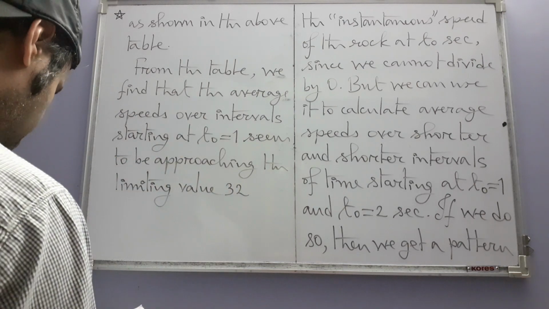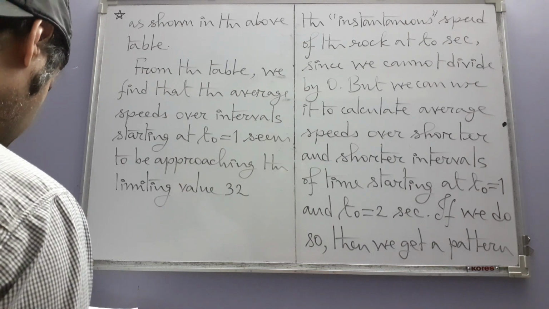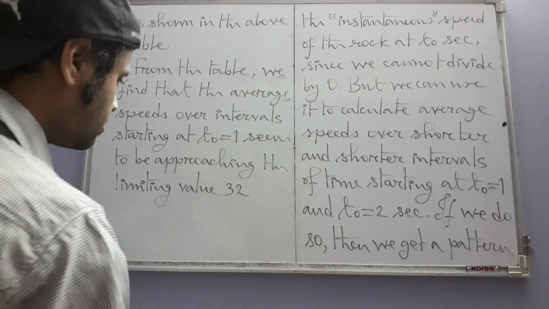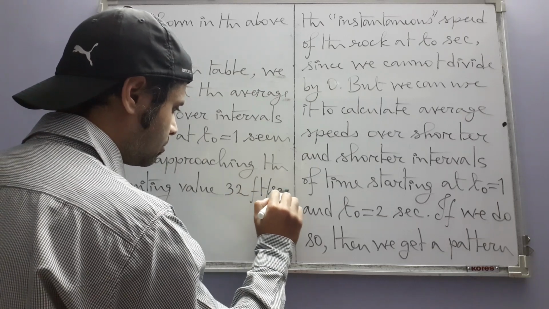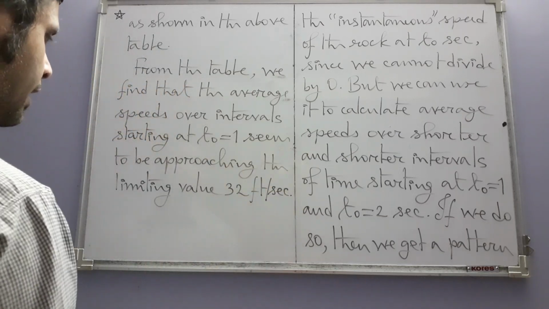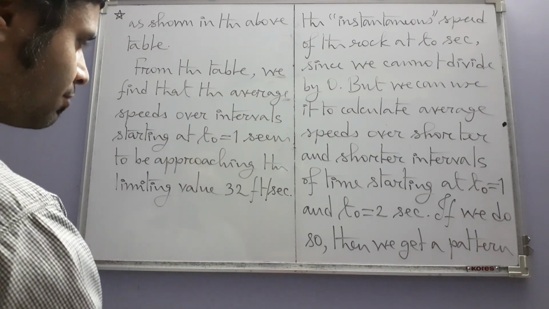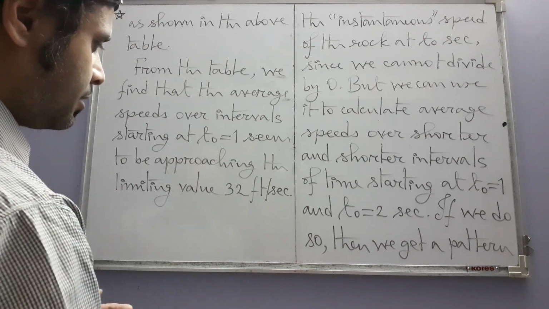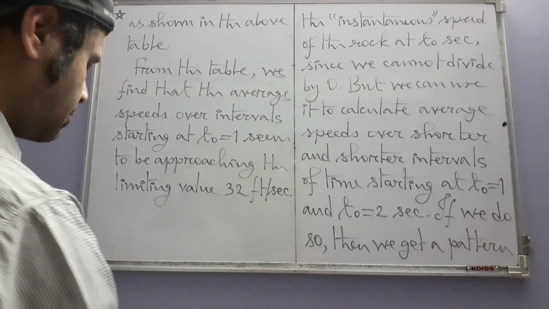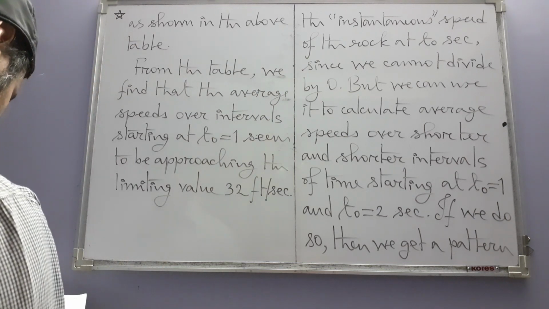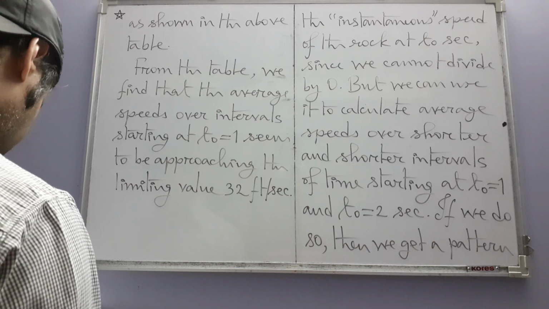And in fact, because we are talking about speed, 32 feet per second, and that's why the speed of the rock at the time instant t equal to 1 second should be 32 feet per second. Yeah, that's what they have written.